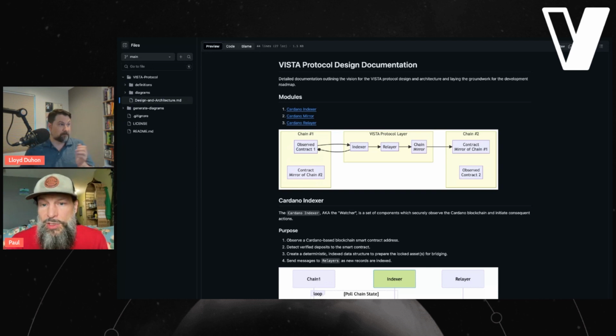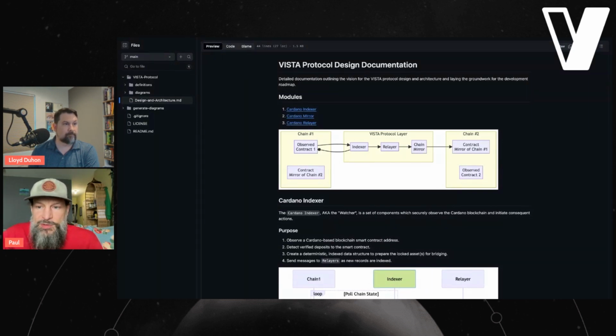So that relayer is going to then pass that message on from the indexer to the chain mirror, and the chain mirror's job is essentially to make, you could consider it, a miniature light client on chain number 2 that is representative of the transactions that have occurred, so the UTXOs at the script address for that observed contract 1.